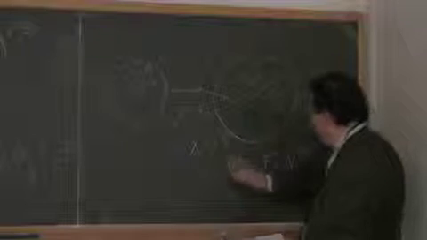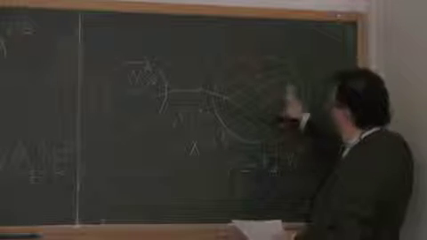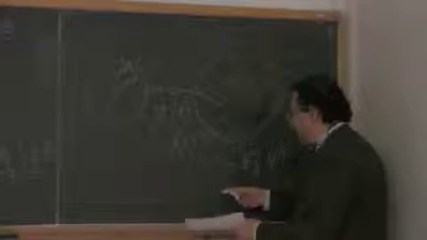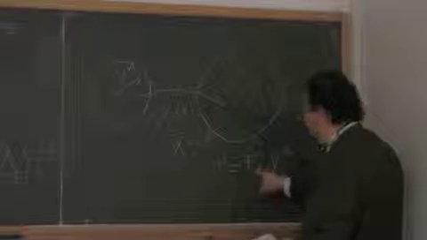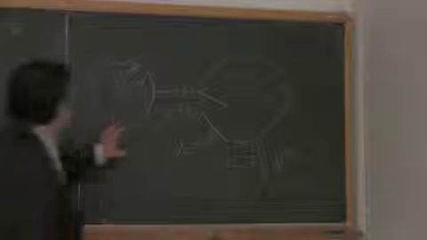So any vector small v index I in the actual configuration can be represented, if you linearize chi, in terms of the gradient of chi applied to the vector which lives in the reference description.